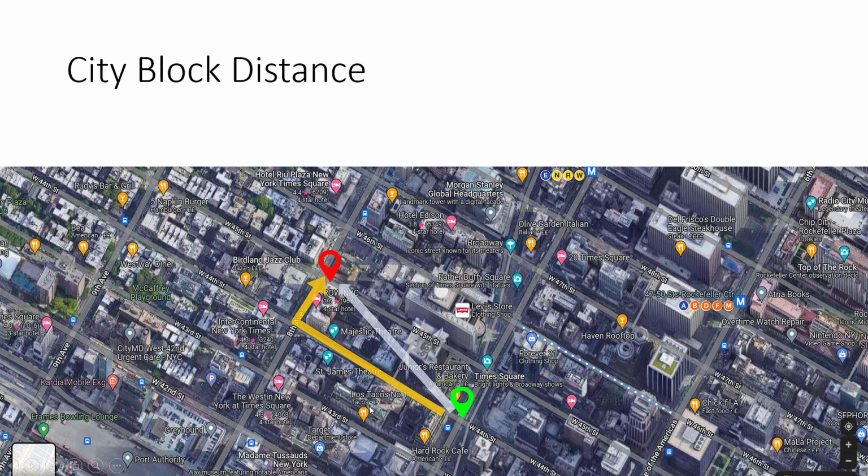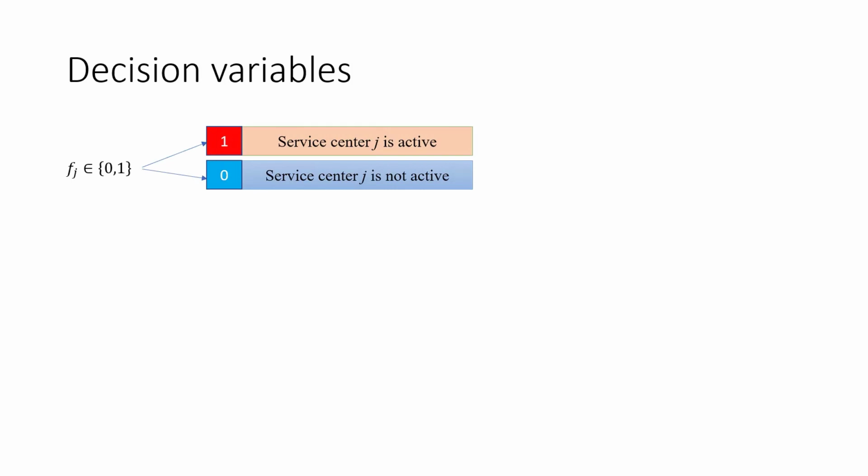The main decision variable used in this regard is that we have to determine which service center would be active or open, and which would not be active or closed. So we have defined Fj as our decision variable.